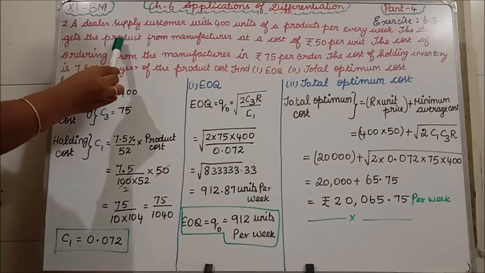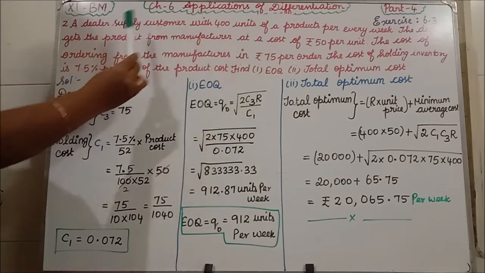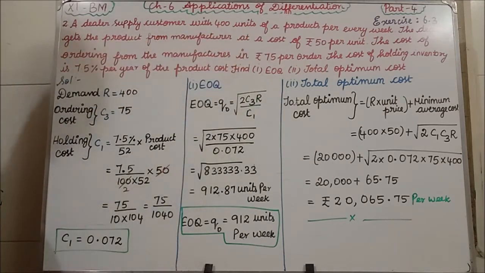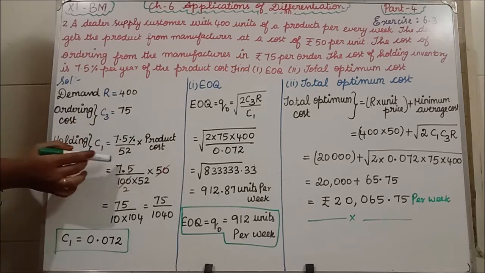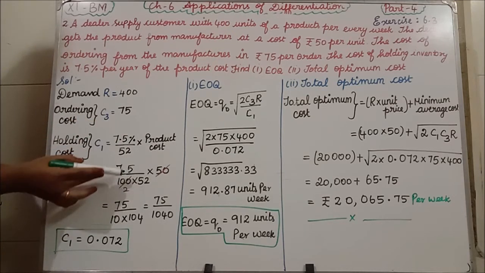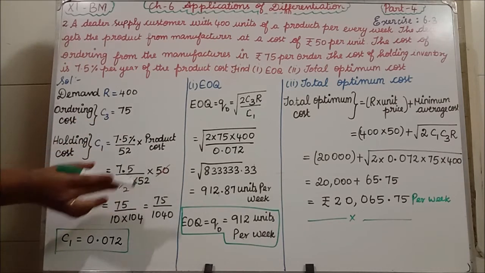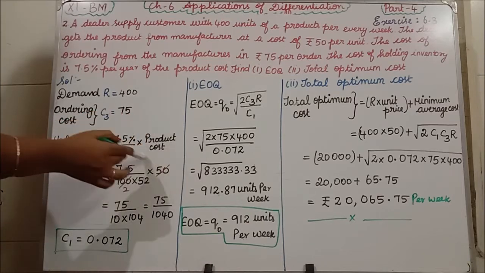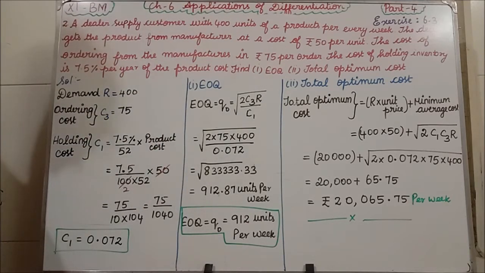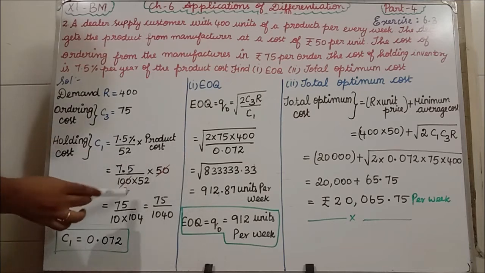The product cost from the manufacturer is rupees 50. So 7.5 percentage means 7.5 divided by 100 into 52 into 50. 50 and 100 get cancelled, giving 2.